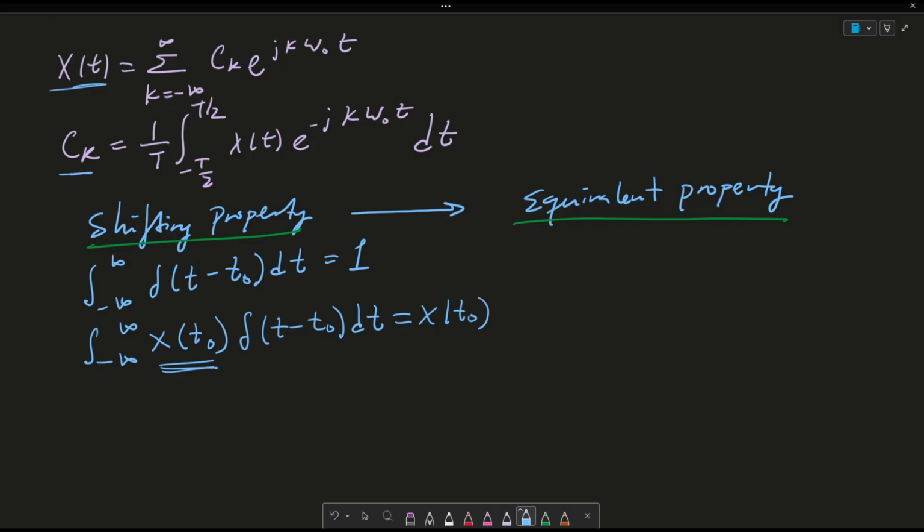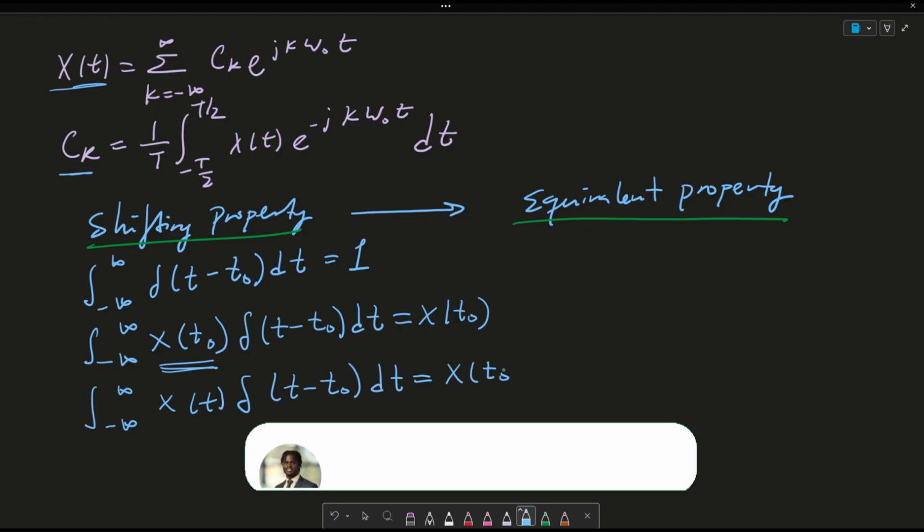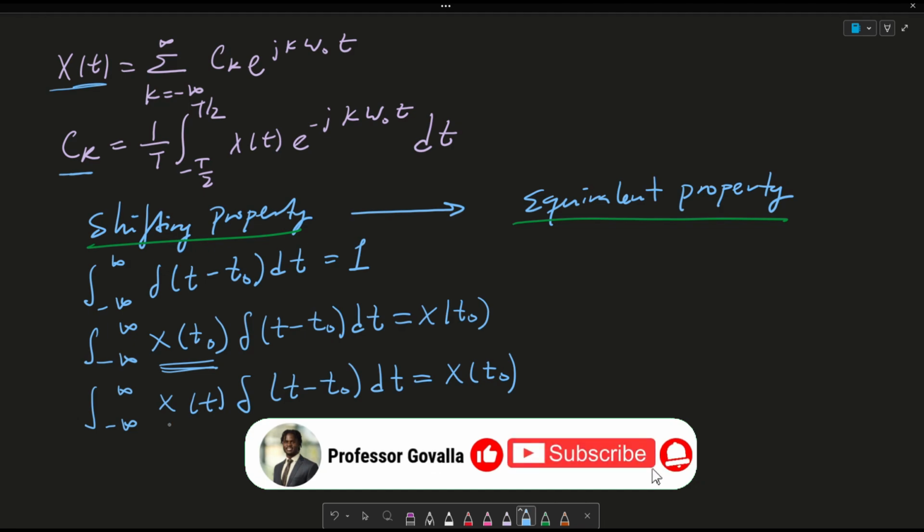And the last thing the shifting property tells us is that the integral from -infinity to infinity of x(t) times the Dirac delta function δ(t - t₀) dt is also equal to x(t₀), because the only important factor of x(t) is this value, x(t₀).